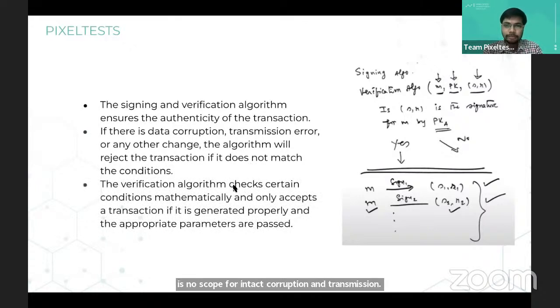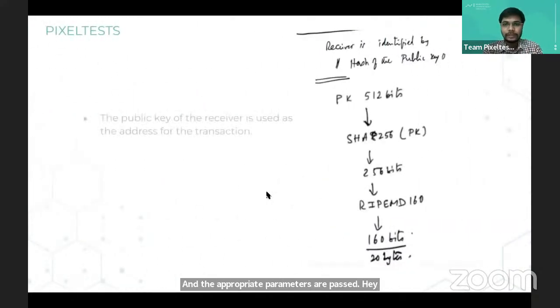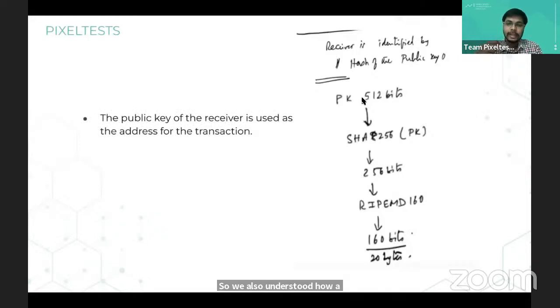So the verification algorithm checks certain conditions mathematically and only accepts a transaction if it is generated properly and the appropriate parameters are passed, right? So we have also understood how a wallet address is generated, where we have understood the double hashing. We have seen that the script has an operation called hash 160, which first takes the public key of that person, hashes it with SHA-256, and then hashes the output of that using RIPEMD-160.